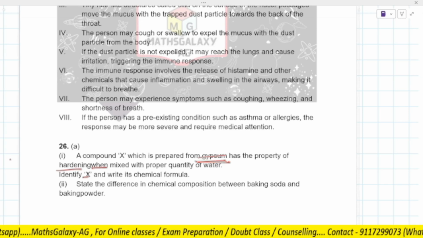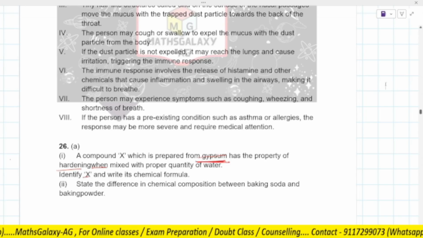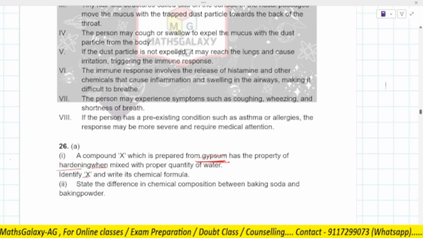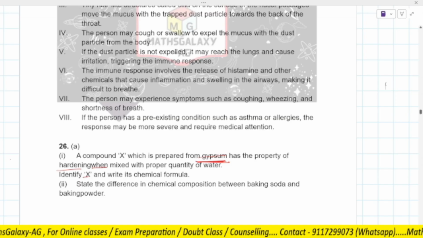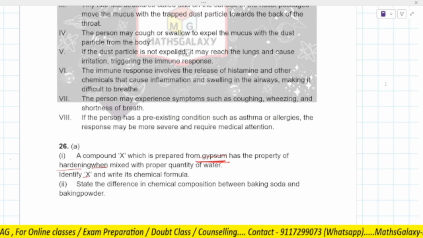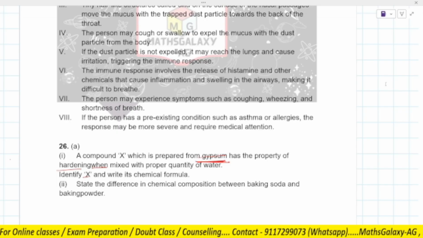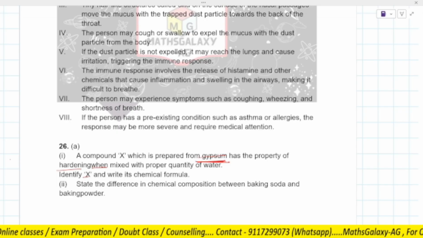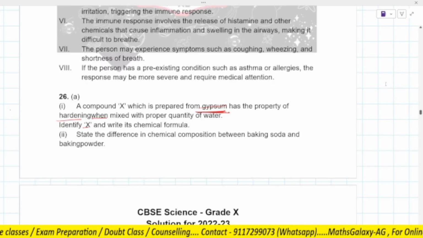No, it is 2H2O, na? You have to also balance the equation, na? When you see the balanced equation, it will be 2. Okay? Let's see how.